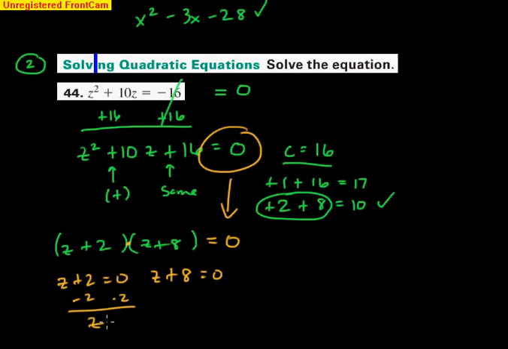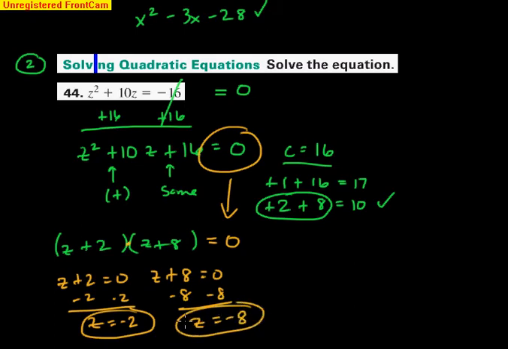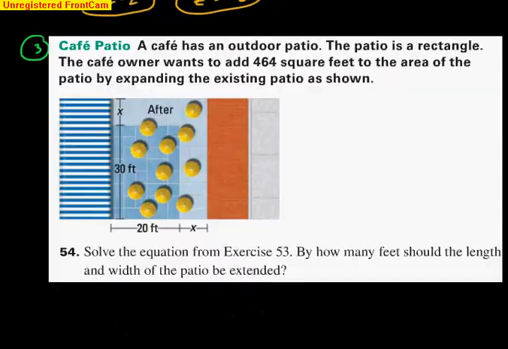Subtract 2, z equals negative 2, or subtract 8, and z equals negative 8. And here are the two solutions to this problem. If you want to check, if you plug it back in, you should get negative 16 on the left side. And you can always check on your own. And if you have time, do that. I suggest it. Very good.